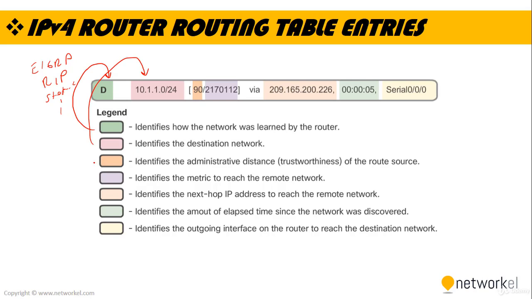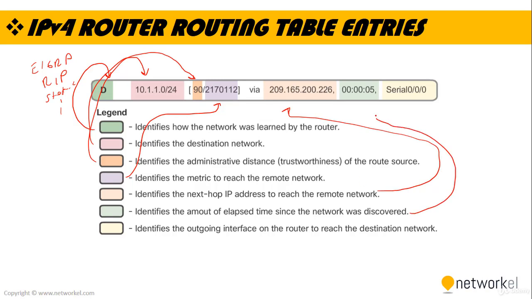And the third field identifies the administrative distance of the protocol that we're using. And this field in here identifies the metric to reach the remote network. And this field in here identifies the next hop. This field identifies the amount of elapsed time since the network was discovered. And the last field identifies the outgoing interface on the router to reach the destination network.